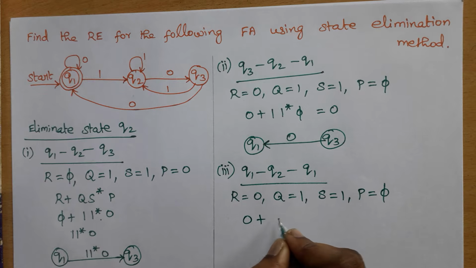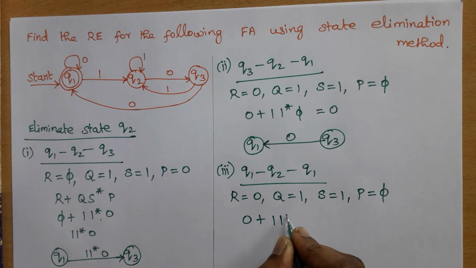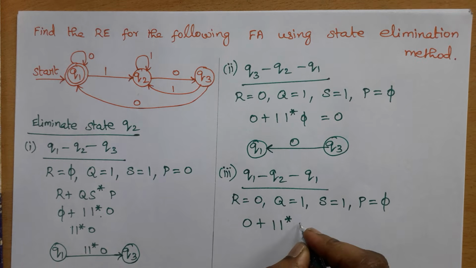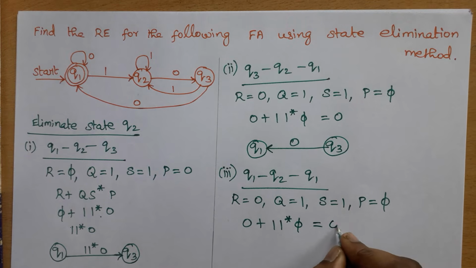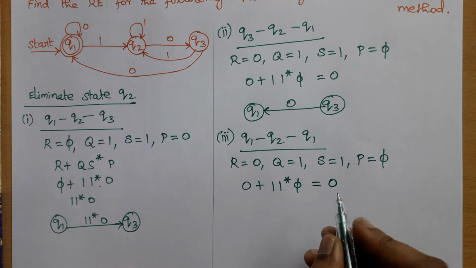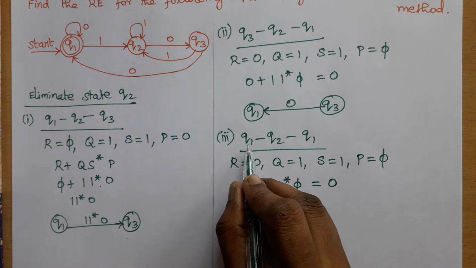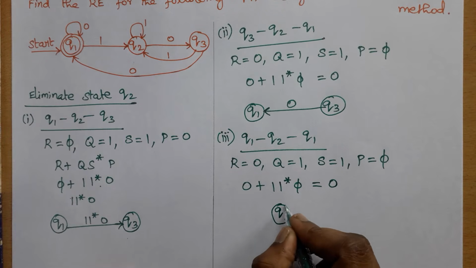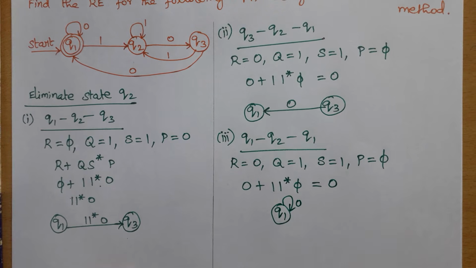So 0 plus 1, 1 star, phi. Phi concatenated with a regular expression is phi, and phi plus 0 is 0. So now we need to draw an edge from Q1 to Q1, and the edge is labeled by 0.